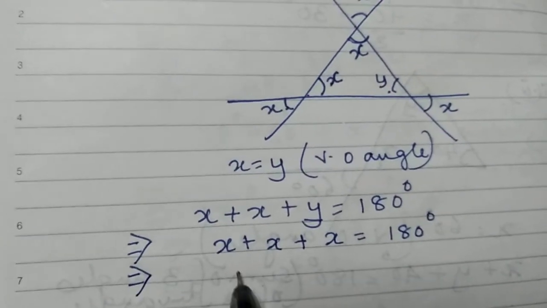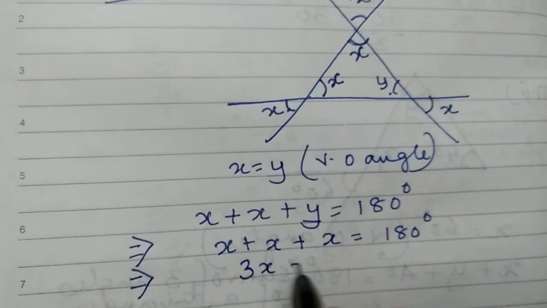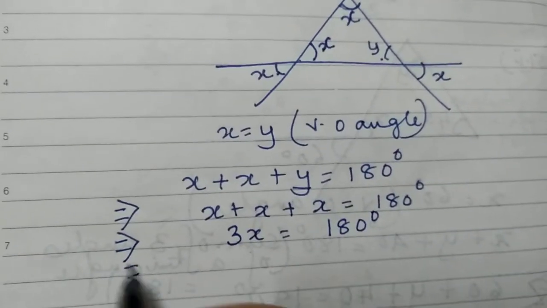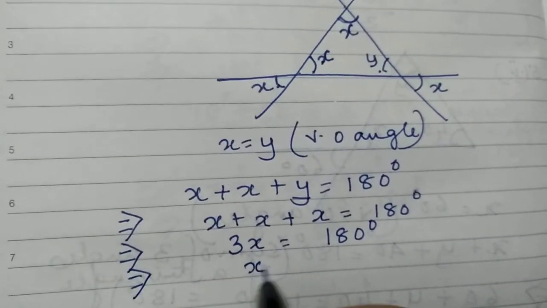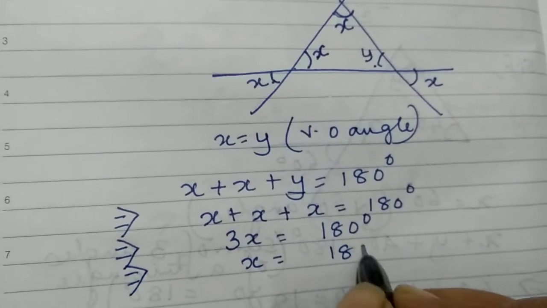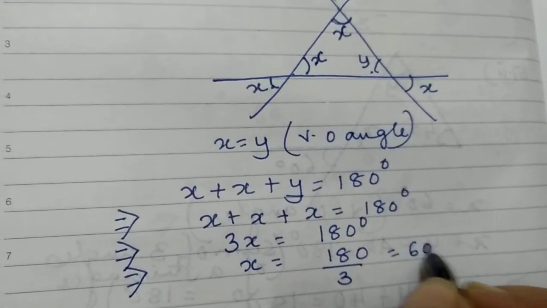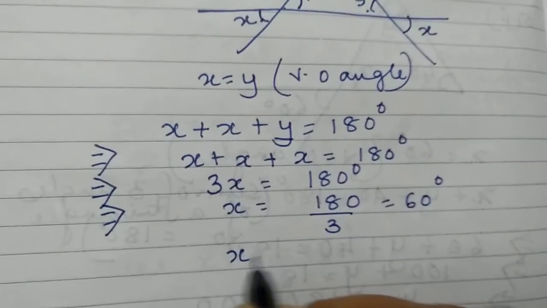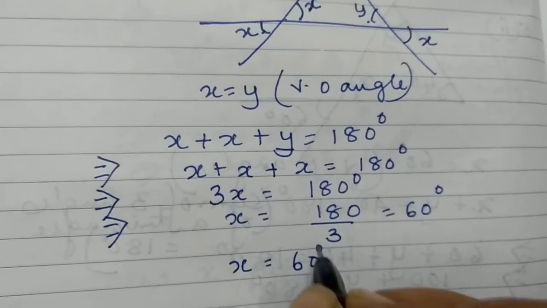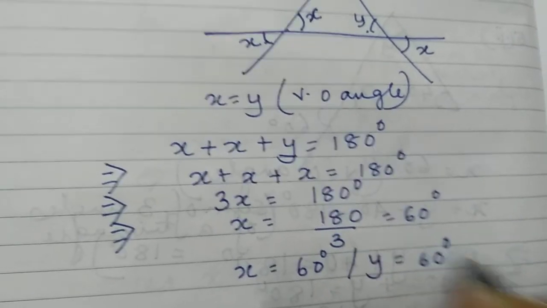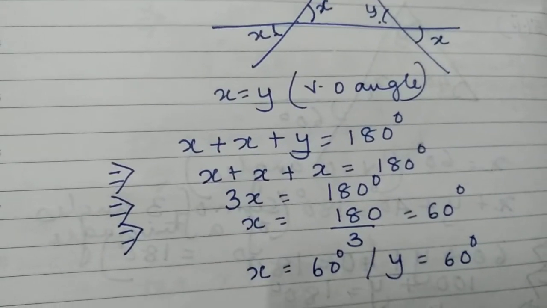So, it becomes 3x is equal to 180 degree. So, what is the value of x, girls? X will be equal to 180 by 3, that is 60 degree. That means x is also 60 degree. Y will also be 60 degree. Did you understand? Okay.